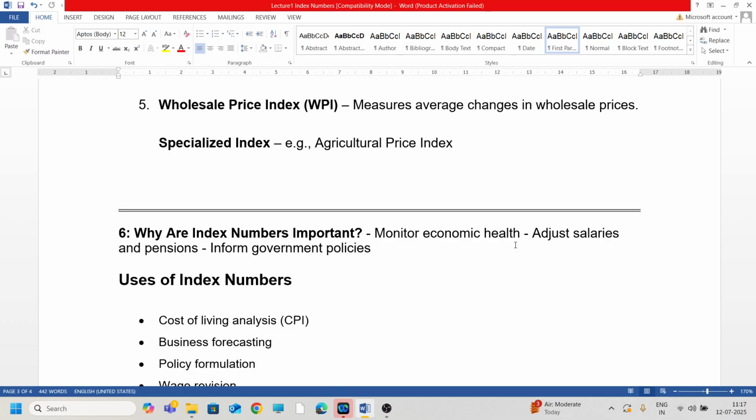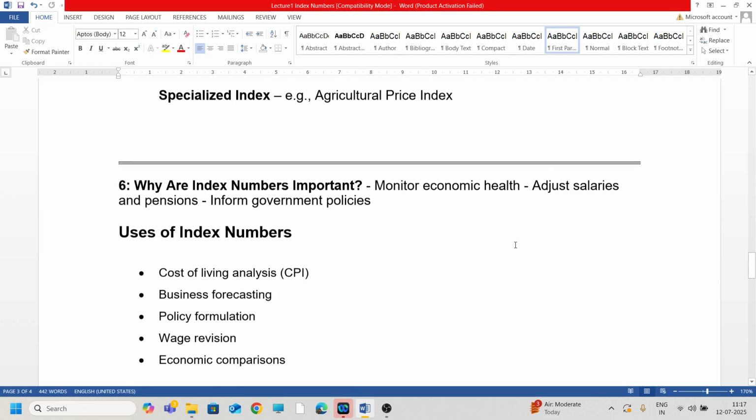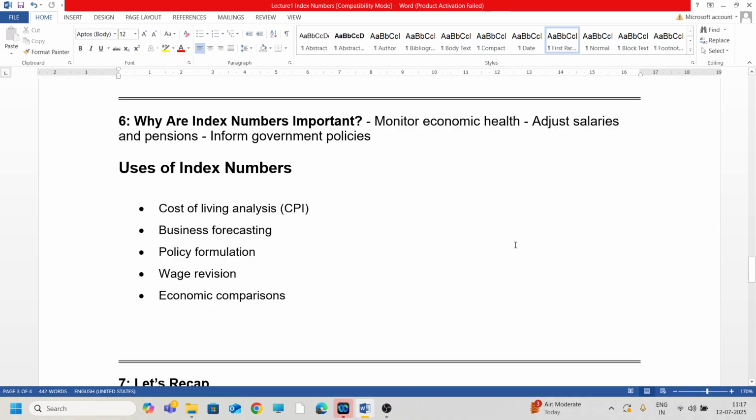The next one, why are index number important? Okay. So why are index number important? It monitors economic health, adjusts salaries and pensions, informs government policies. Okay. The uses of index numbers are cost of living analysis, CPI, business forecasting, policy formulation, wage revision, economic comparison.